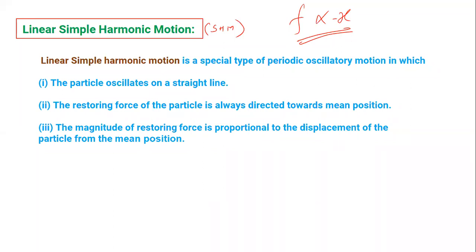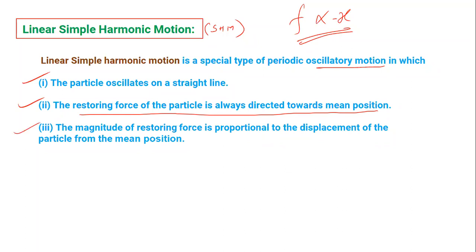Now pay attention here. Simple harmonic motion is a special type of oscillatory motion in which the particle oscillates on a straight line. Second, the restoring force is always directed towards the mean position.